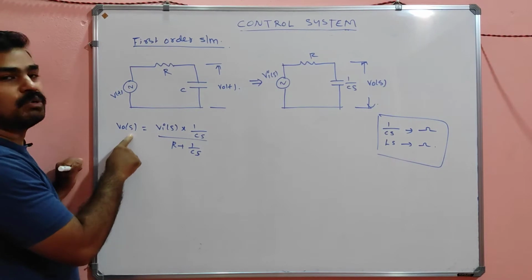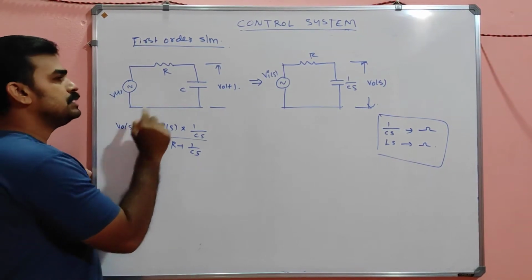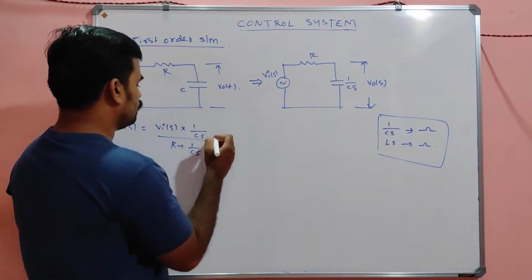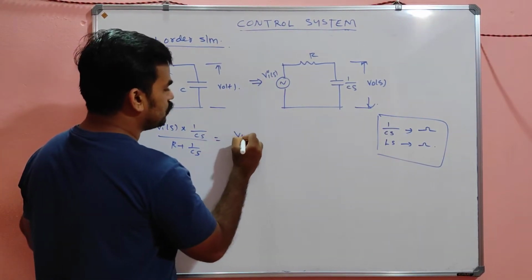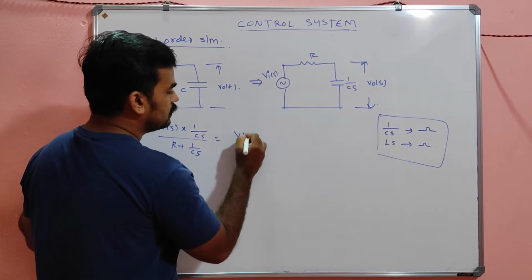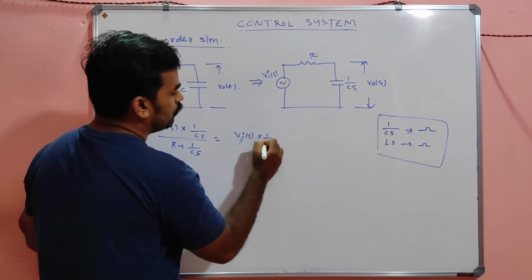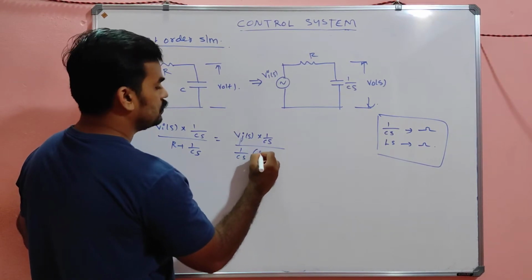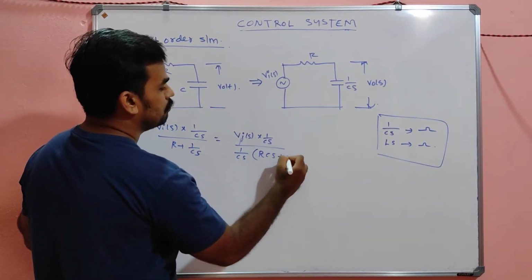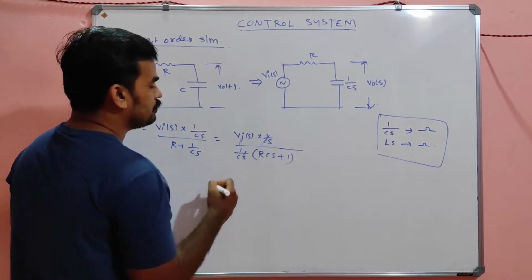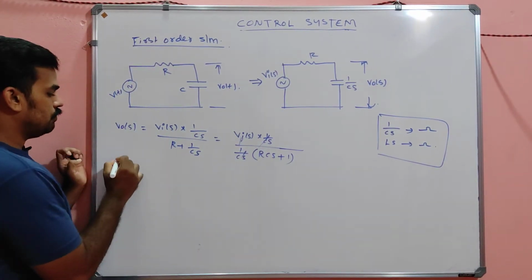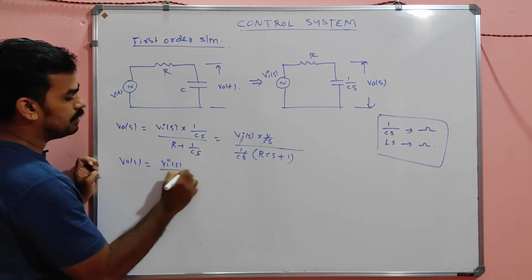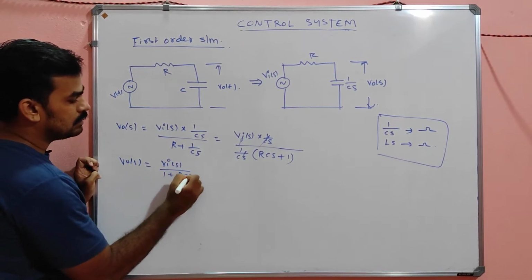According to the voltage division rule, V0 of S equals VA of S into 1 by CS divided by R plus 1 by CS. I am taking 1 by CS outside from the denominator, so it will be RCS plus 1, and 1 by CS cancels. So V0 of S becomes VA of S divided by 1 plus RCS.